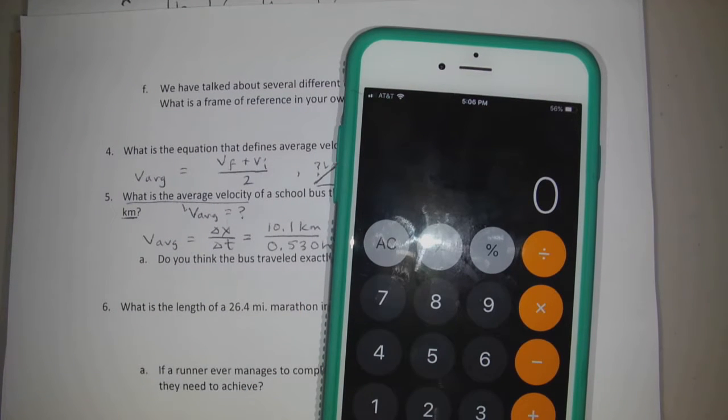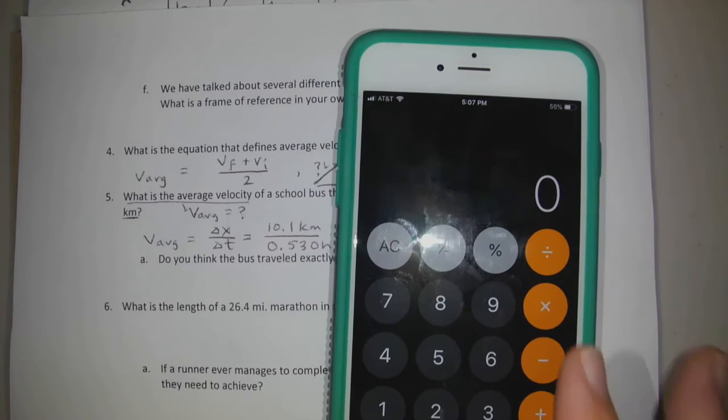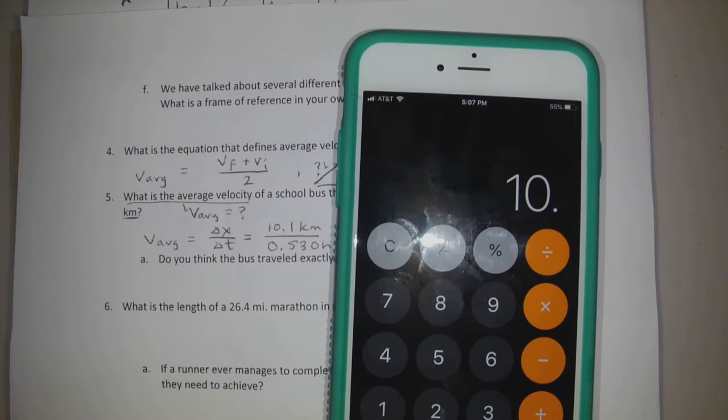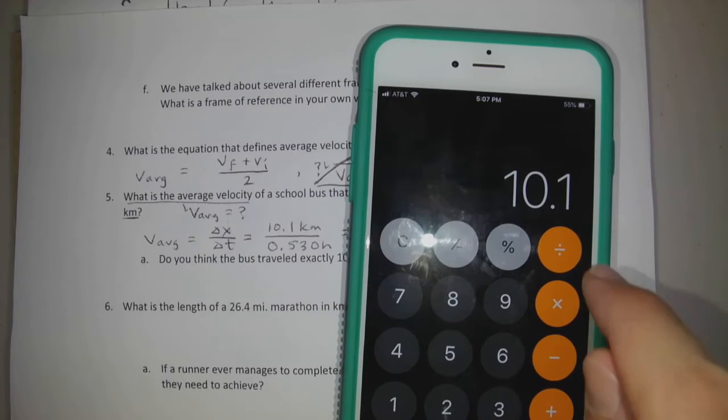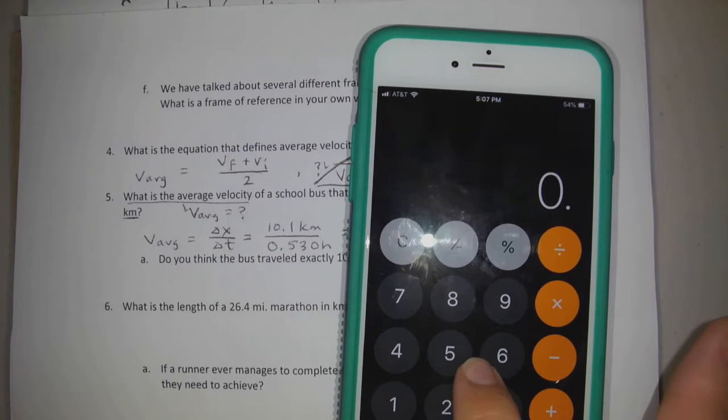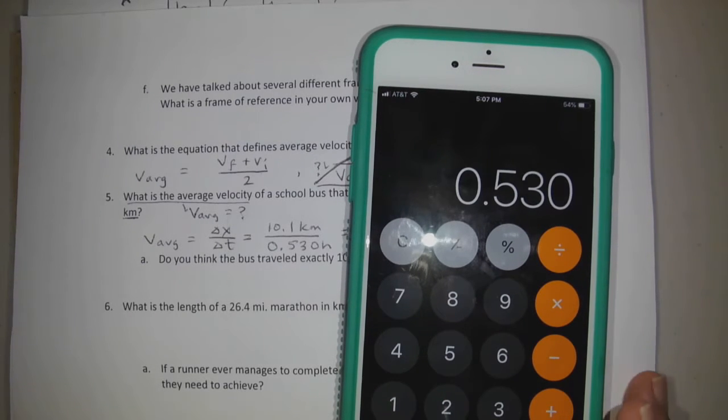Hey, give me a break. I'm using my phone today. It's always a good idea to use the calculator you're going to use on a test, because you might have troubles changing to a class calculator when you have to. 10.1 kilometers divided by 0.530 hours.